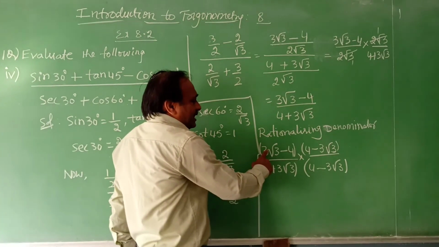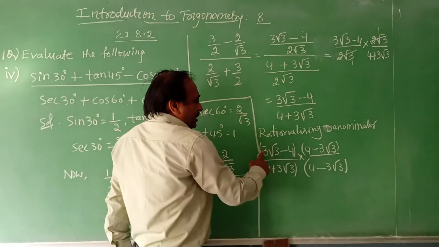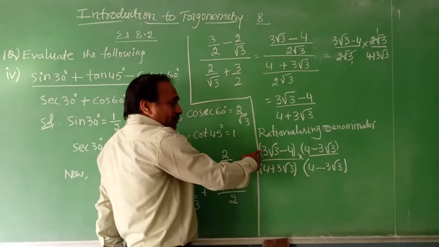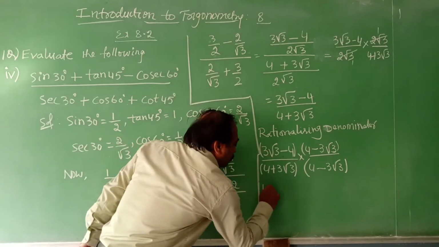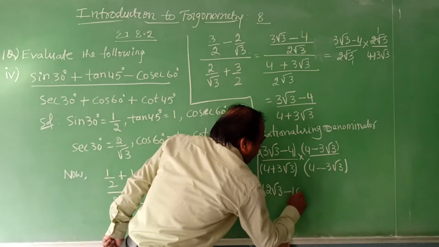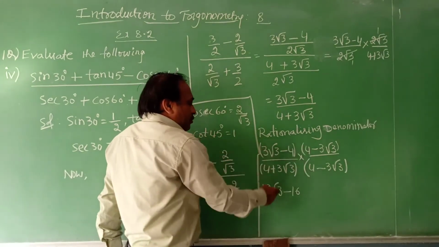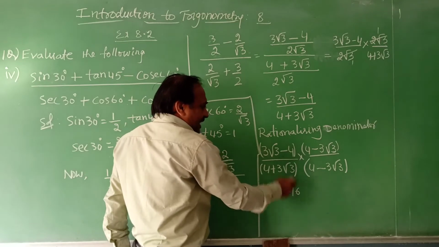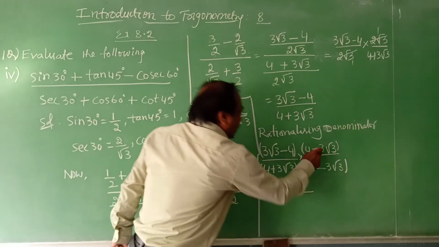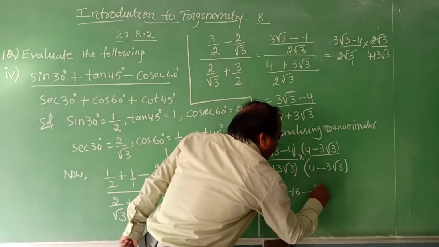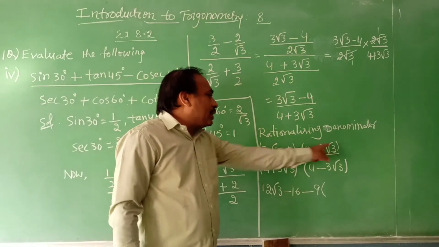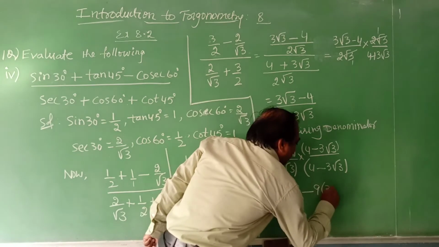So when you multiply the numerator, each and every term: 3 4s are 12, 12 root 3. Then 4 4s are 16, minus 16. Then minus into plus, minus 3 3s are 9, into root 3 into root 3 is 3.